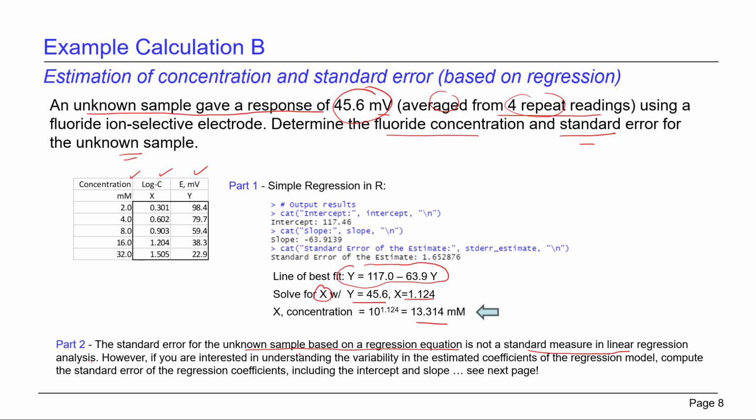Basically, there's a process for computing the variability of the estimated coefficients of a regression model. Then you compute the standard error of the regression coefficients, including the intercept and slope. It becomes a little detailed, so I've mapped this out, and we detail that a little bit on the next page.